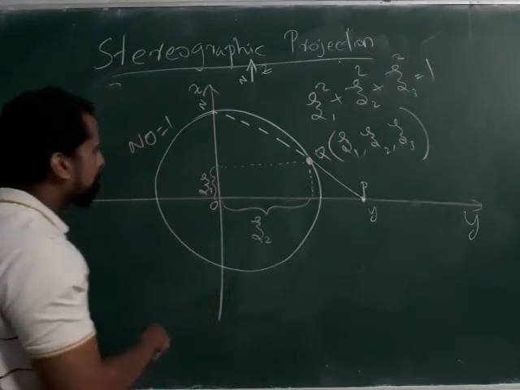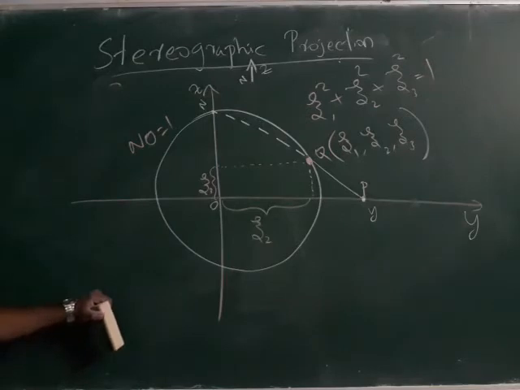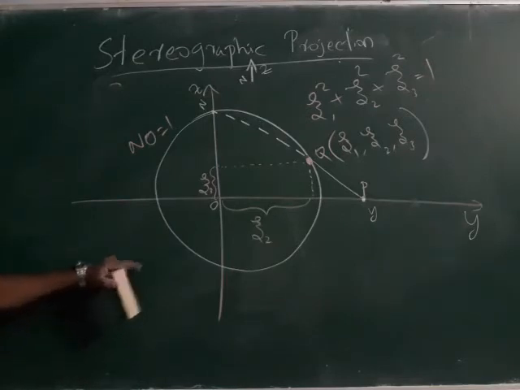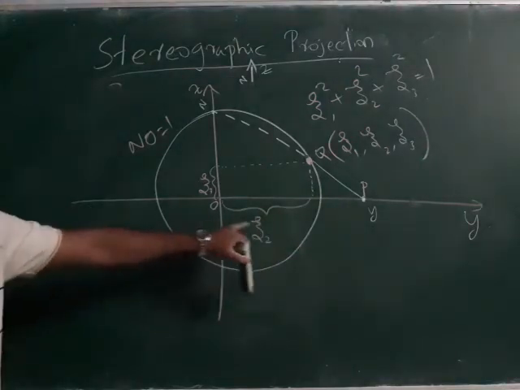Now, what we will do? We will just take our relation PO divided by PT.